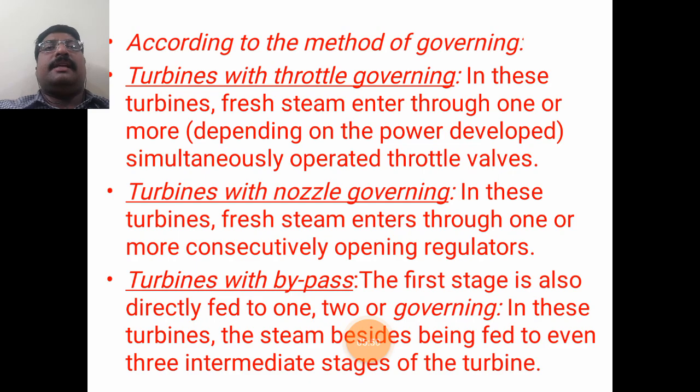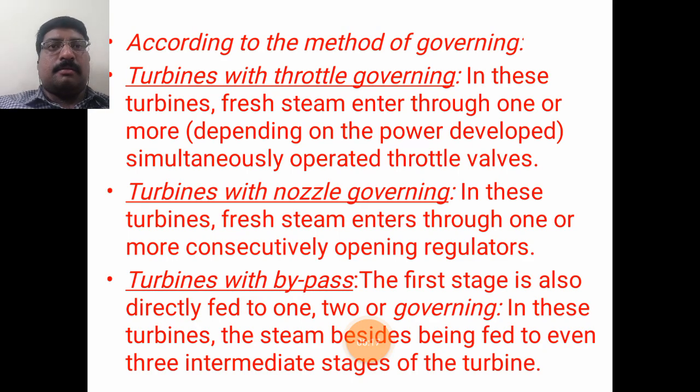In a regeneration or bleeding system, we extract the steam at one or more points, reheat it and resupply it to the turbines. In the reheating system, we extract the steam completely from one point and supply it to another turbine. Like that, we can operate one or more turbines at a time.